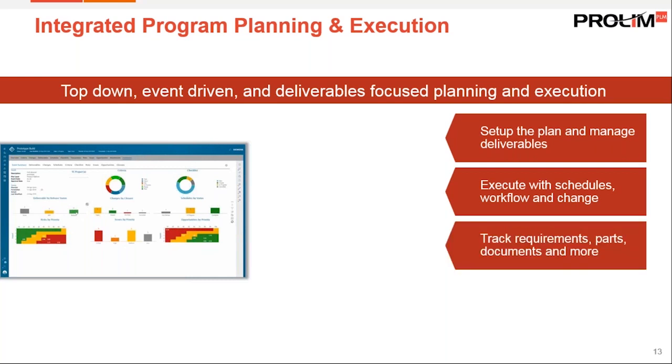Parallelly, during that execution, you are tracking the requirements which came from the customer, or maybe during new product introduction, you identify those requirements. Then you are tracking the interconnectivity from those requirements to your components or assemblies and relevant documents. So you should have complete traceability between all these requirements, parts, documents, and even.